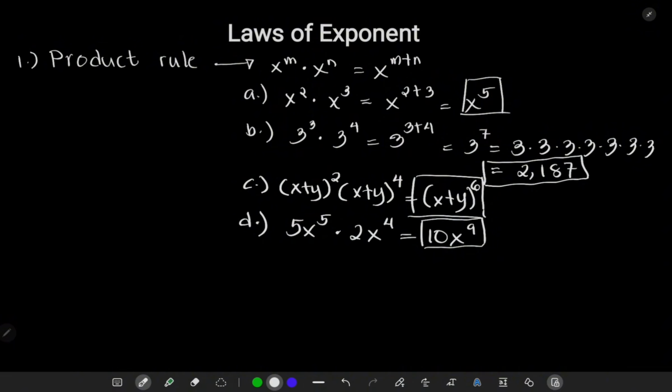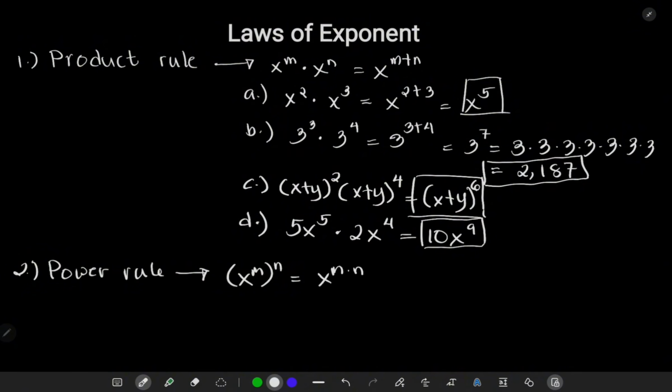And then for number 2, we have the power rule. So let's say if we have the quantity of x raised to m raised to the nth power, so that is equal to x raised to m times n.